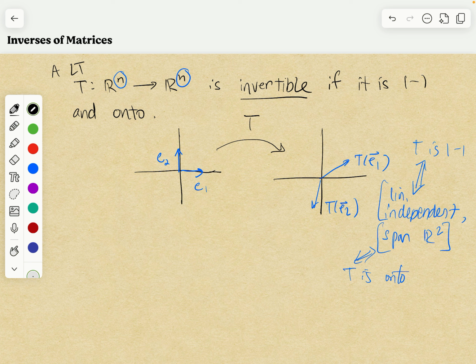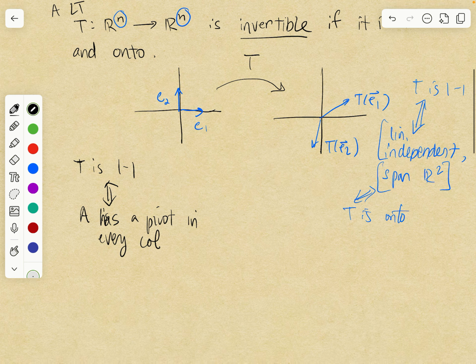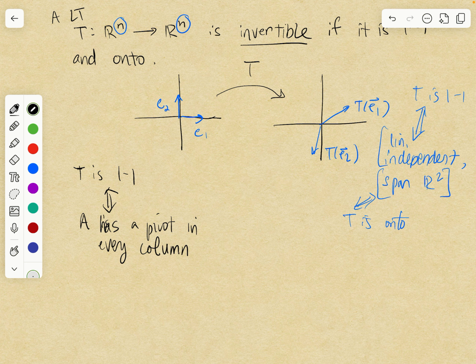The reason for that is that T being one-to-one is the same as saying that A has a pivot in every column. And if you have a pivot in every column and A is a square matrix, then you have to have a pivot in every row.